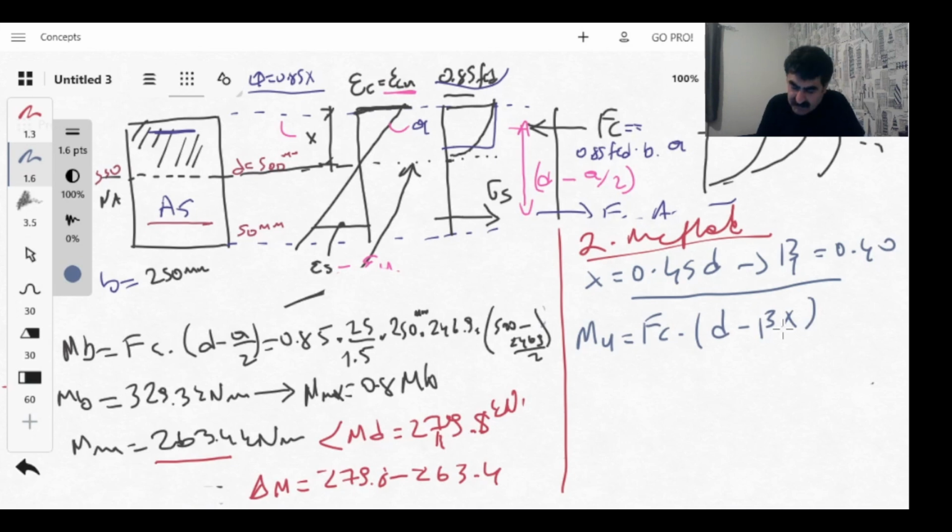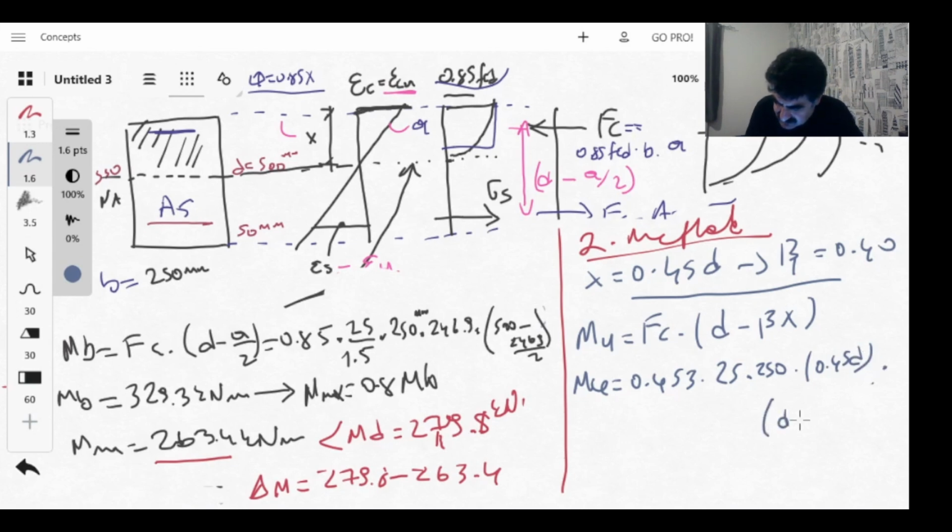And what will be the Fc? Mu equals 0.453 multiplied by fck 25 and b 250 multiplied by 0.45d, and multiplied by d minus 0.4, beta, multiplied by 0.45d.